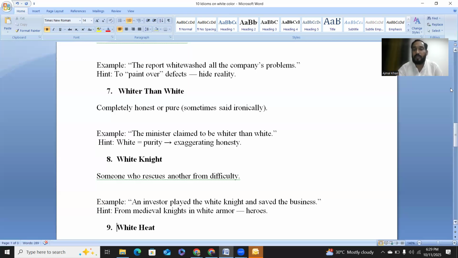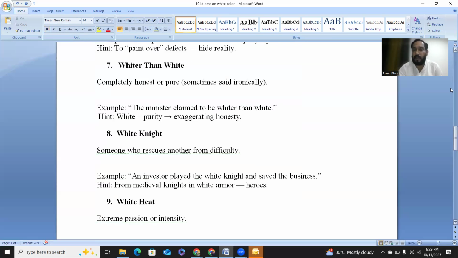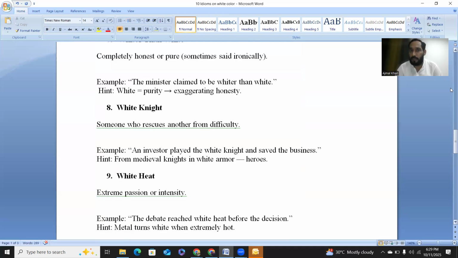The next idiom, which is the second last idiom, is white heat. White heat is extreme passion or intensity. It shows severity, intensity, the highest degree. It shows the highest passion, energy, spark, momentum, and intensity.